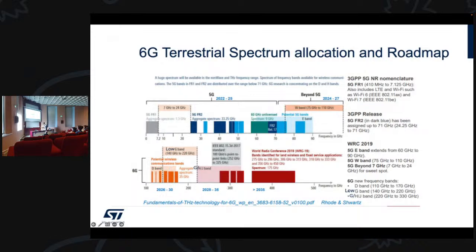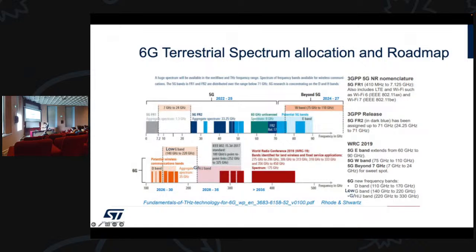And after that, in the next part of the 6G, we should open G band, H band, J band, between 220 to 300. It is forecasted that after 2035, we should open bands in the 400 gigahertz range.